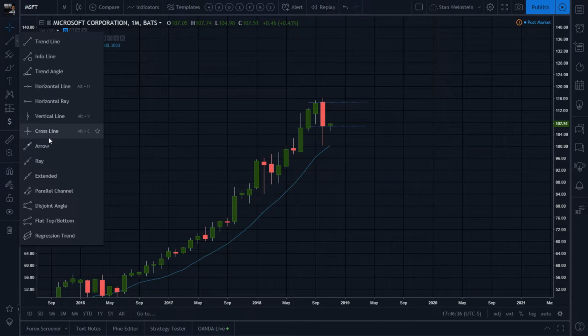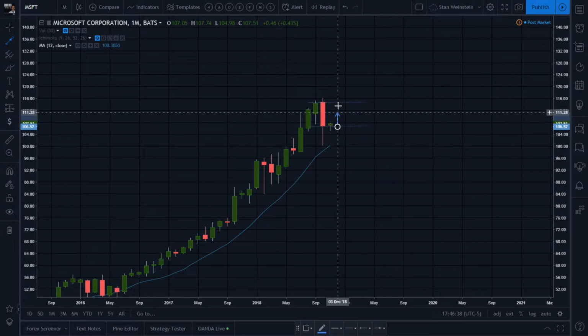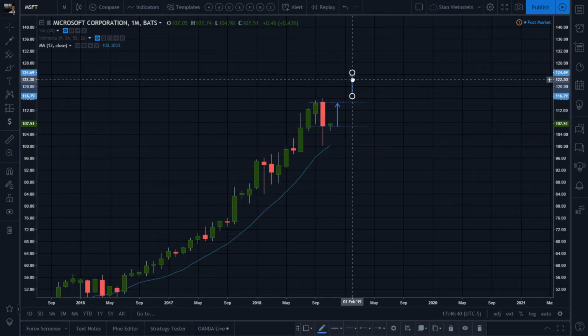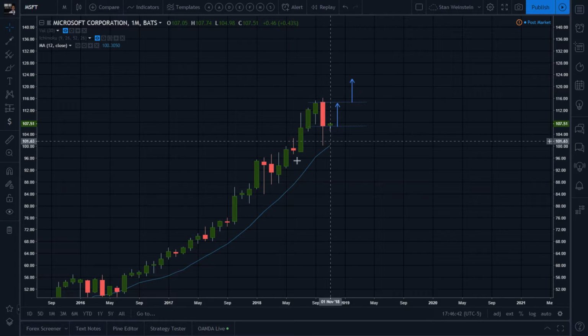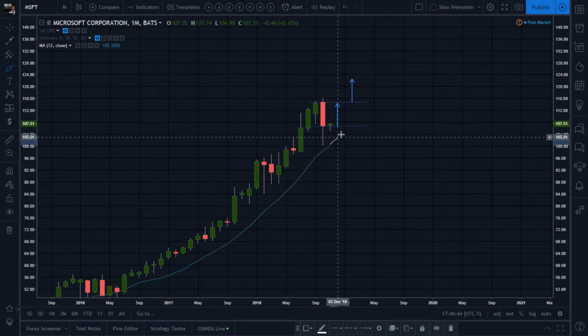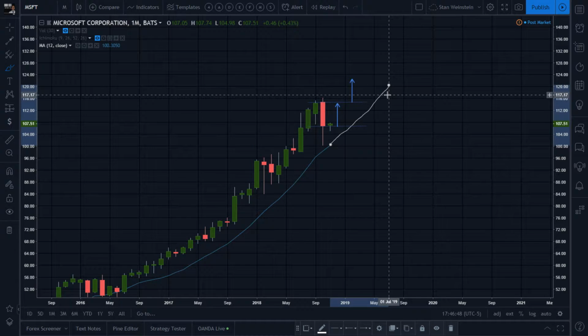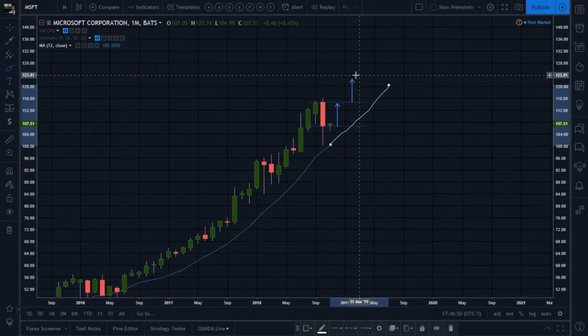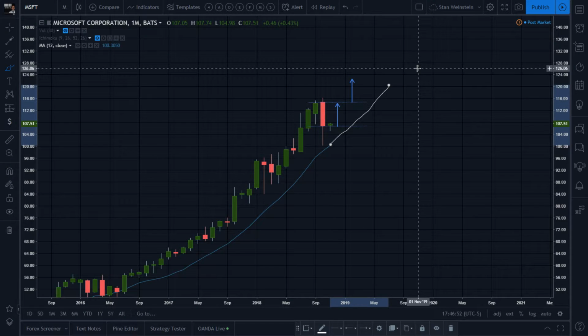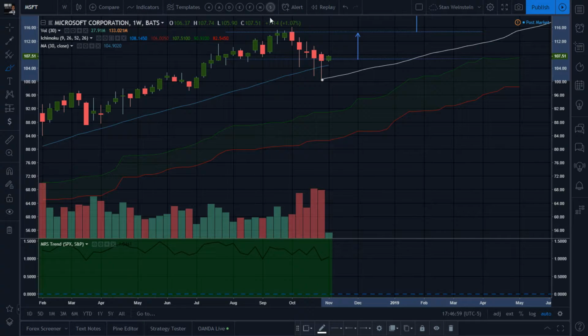The target is going to be, drum roll, right here. That's the closest target. And after that, we'll just have continuation here. Price action goes up. 12-month average keeps going up. And after that, it's all cool, guys. All right, let's zoom in weekly.